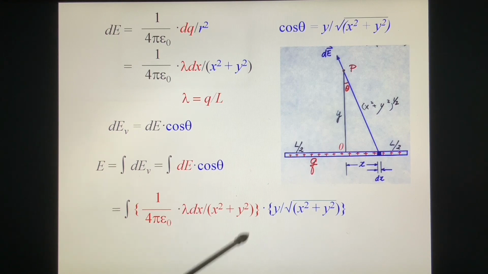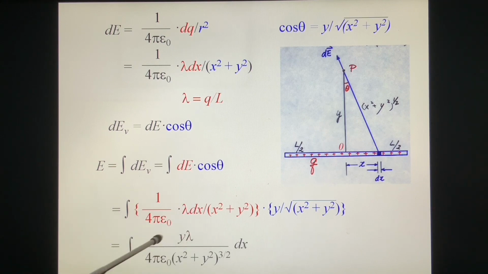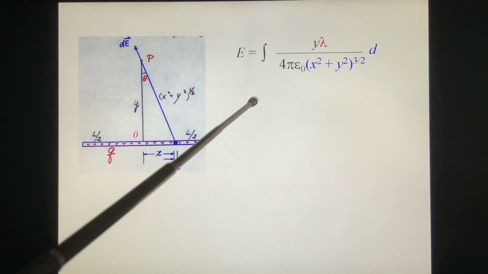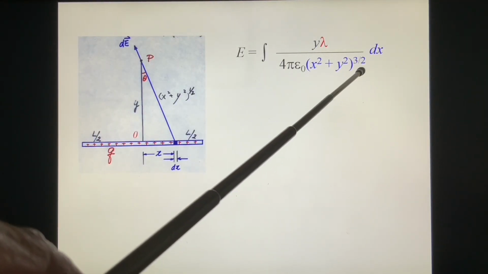Then we combine these two, and the answer is y lambda over 4 pi epsilon 0, x squared plus y squared to the power of 3 halves, dx. And I see this integration is not easy to do.